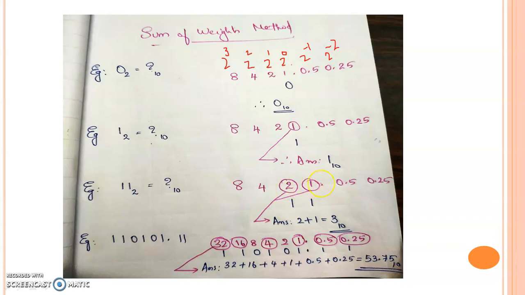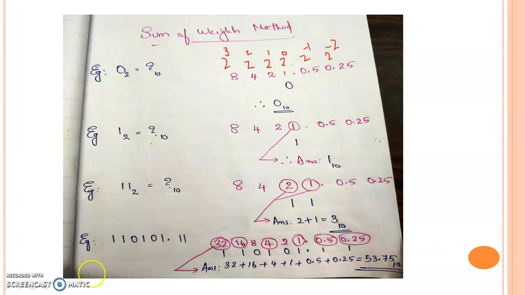So 2 plus 1 is 3, because we know that it can be calculated as 1 into 2 raised to 0 plus 1 into 2 raised to 1. 1 into 2 raised to 0 is 1 itself. 1 into 2 raised to 1 is 2. The shortcut method is just to add the weights whose bit portions are 1. So 2 plus 1 is 3.